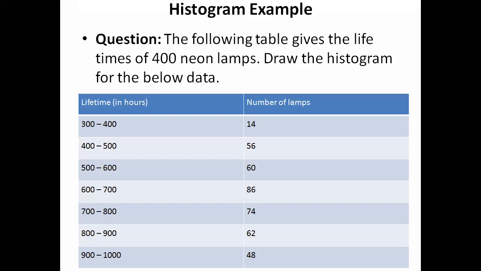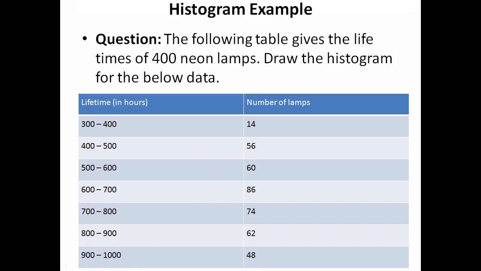The first column gives the lifetime in hours and the second the number of neon lamps. So 14 neon lamps have a life of 300 to 400 hours. 56 lamps, 400 to 500. 60 lamps, 500 to 600. 86 lamps, 600 to 700. 74 lamps, 700 to 800. 62 lamps, 800 to 900 hours, and 48 neon lamps have a lifetime of 900 to 1000 hours.